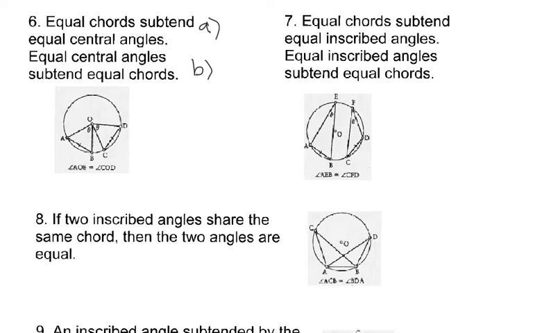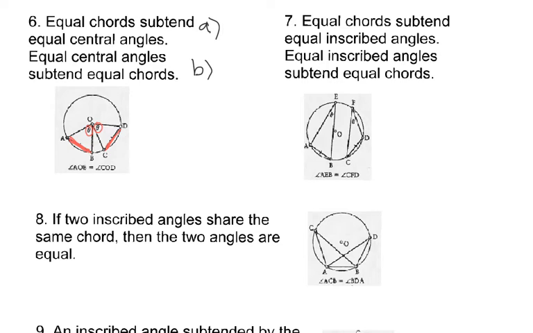So now we're going to take a look at part A. Part A says, imagine if we have these 2 sides being the same. That means these 2 angles here would also have to be the same. That's what 6A is talking about.